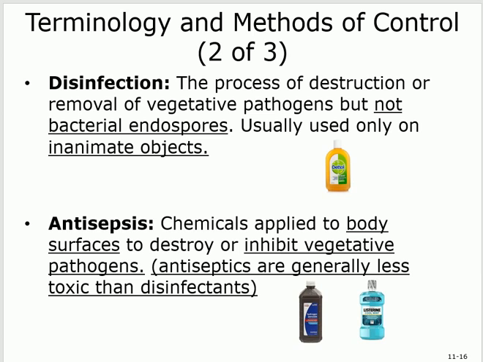Something like this, for example. Why are we using Listerine, soap, or any cleaning on our hands? This is called antisepsis, and it's going to kill the vegetative form only. Okay? And because of that, antisepsis is, generally speaking, less toxic than the disinfectant, right? Why? Because you put this in your mouth, right?